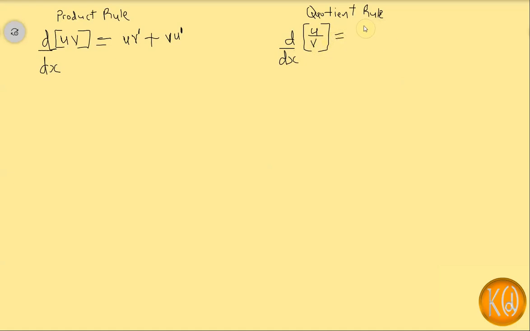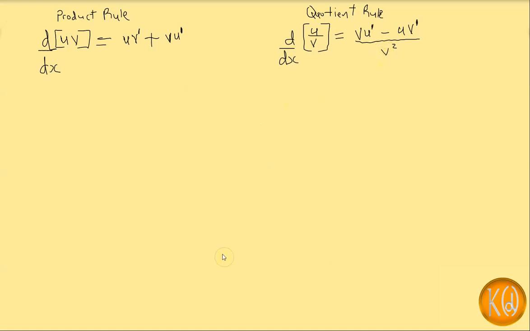Now the quotient rule states that we have the second, which is v, or in this case the bottom term, so we can say the bottom times the derivative of the top minus the top, which is u, times the derivative of the bottom, all upon v squared. So whatever v is, you would just square v.